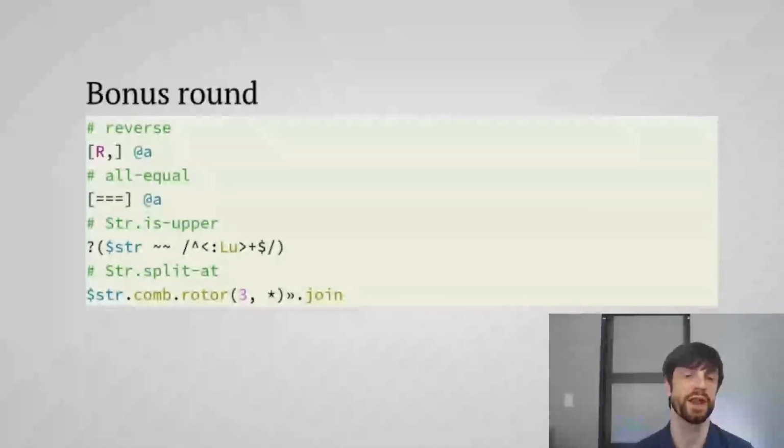So that string to list, do something with the list, back to string path is a pattern that you should be aware of, and one that has many more applications than just split at.